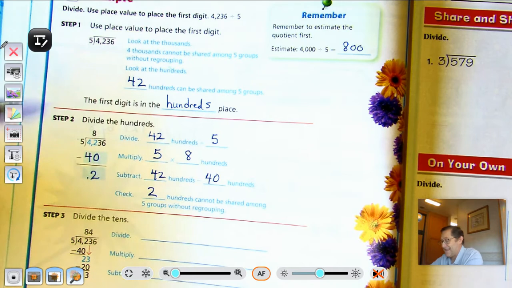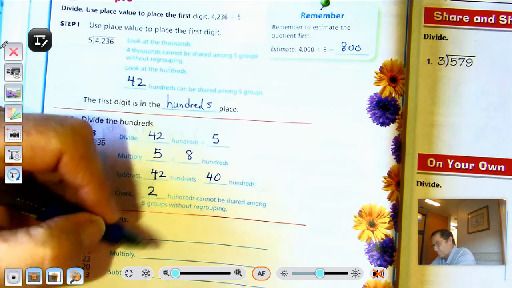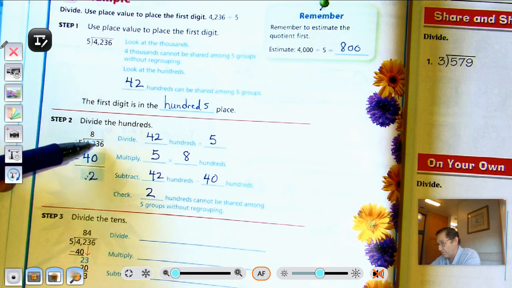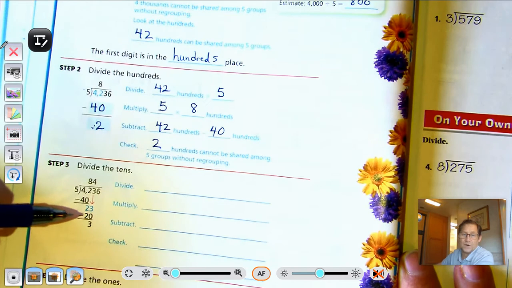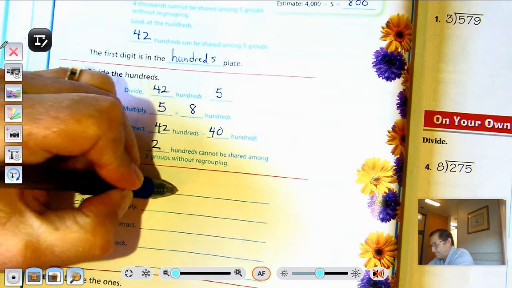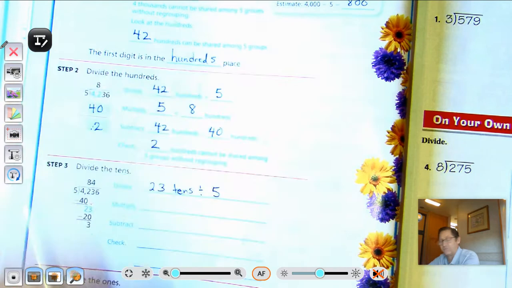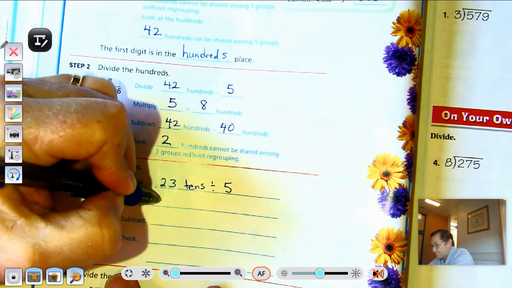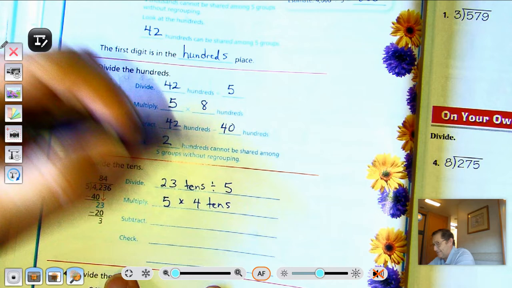We're going to now divide by the tens. We have 2 hundreds left. We're going to bring down the 3 tens and trade the 200s for 20 tens. So we have 23 tens. Divide by 5 groups. Well, 5 times 4 tens is 20 tens.